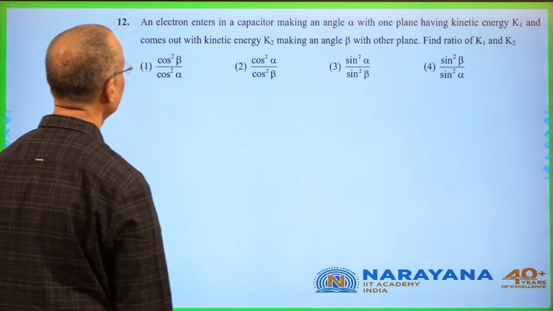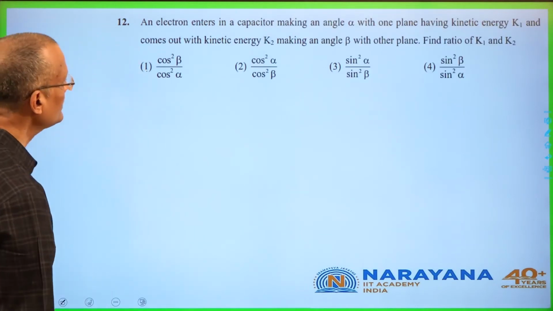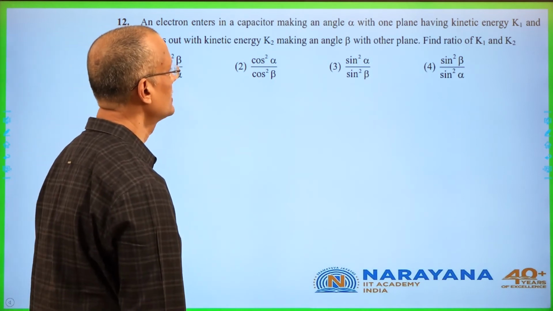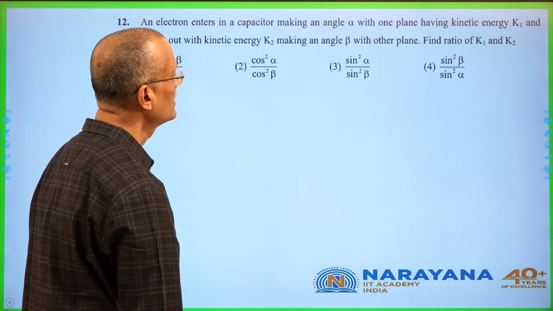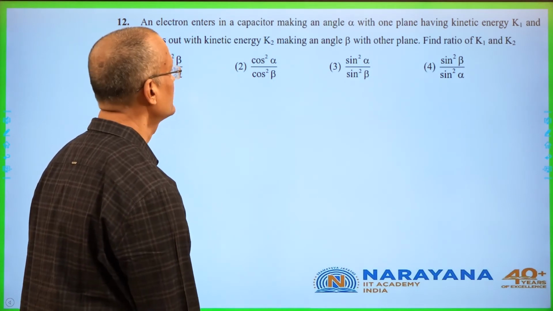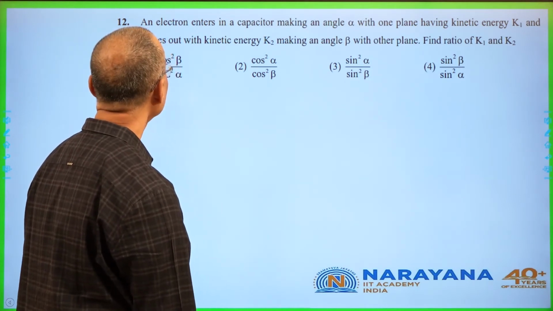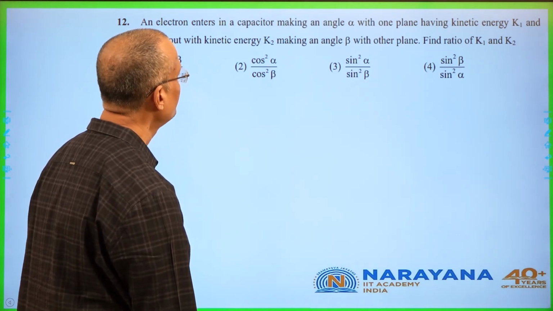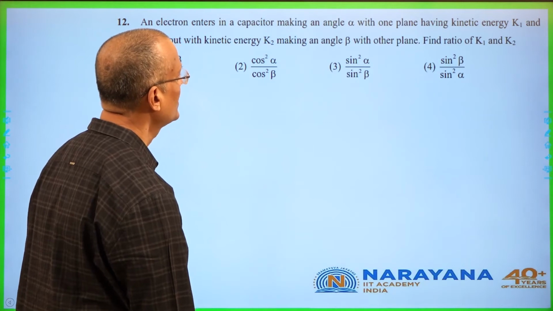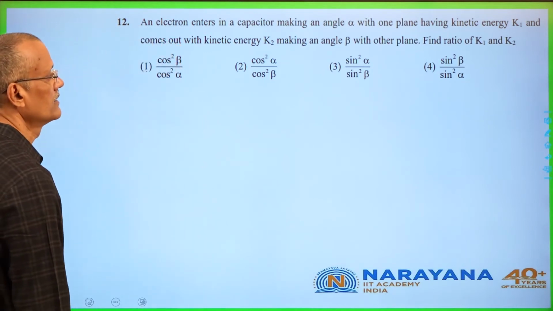Question number 12. An electron enters a capacitor making an angle alpha with one plane having kinetic energy K1 and comes out with kinetic energy K2 making an angle beta with the other plane.